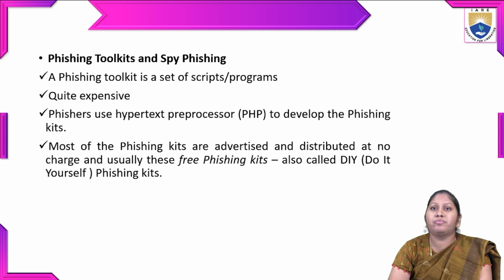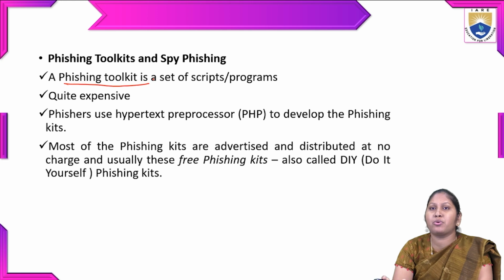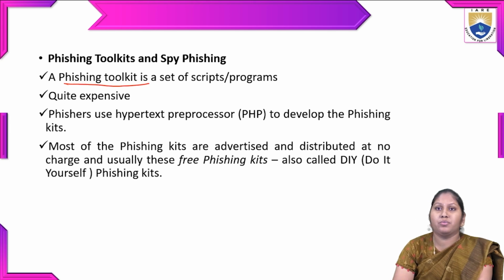And next one, phishing toolkits and spy phishings. A phishing toolkit is a set of scripts or programs used for phishing, and they are quite expensive. Phishers use PHP, Hypertext Preprocessor, to develop the phishing kits. Most of the phishing kits are advertised and distributed at no charge.